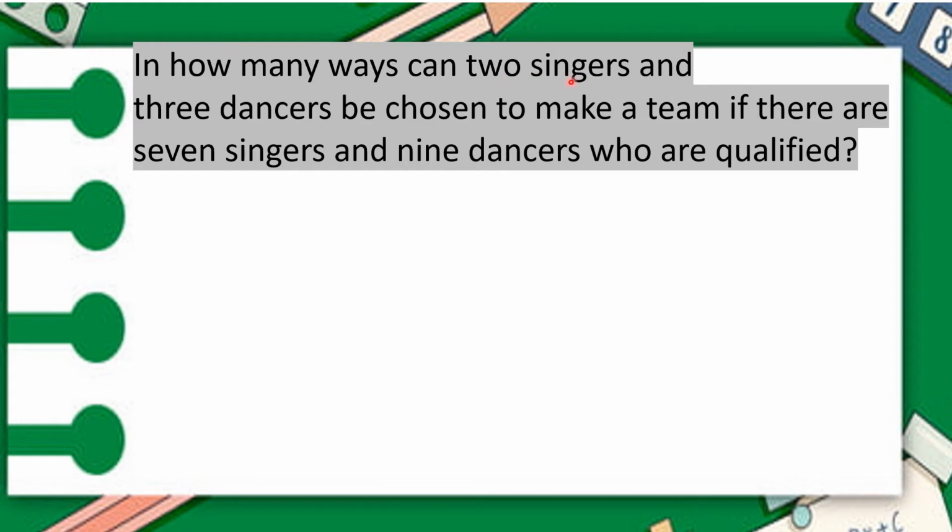And then, we're going to pick 2 singers from 7 singers. Then, we're going to pick also 3 dancers from 9 dancers. So, it means we're going to use the combination formula because yung singers and dancers ay wala naman yung ranking.